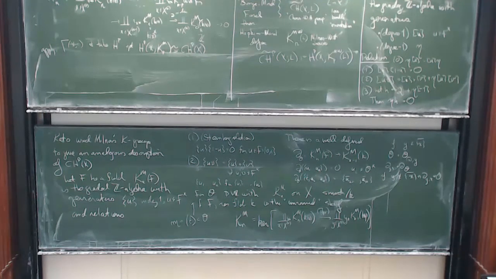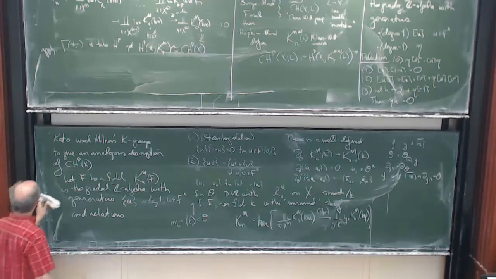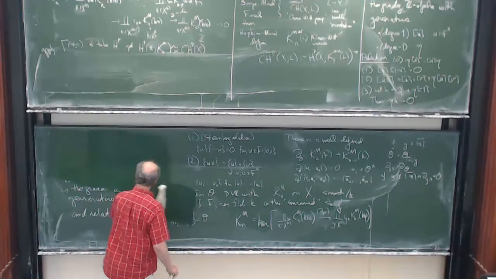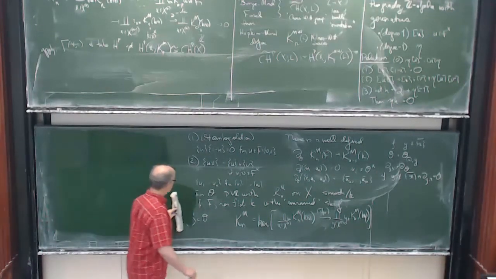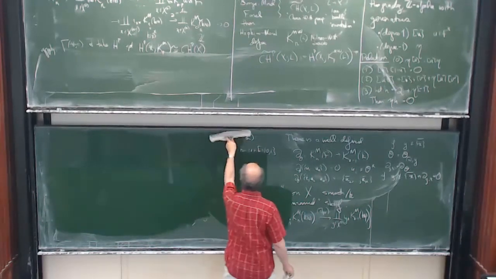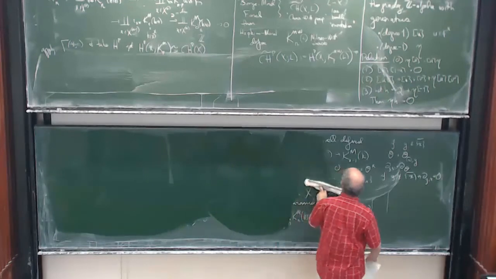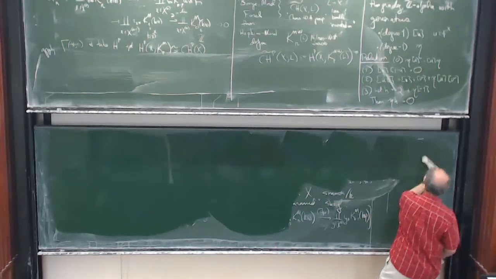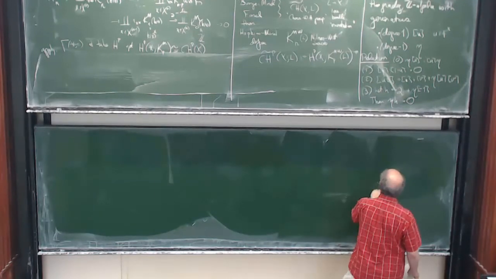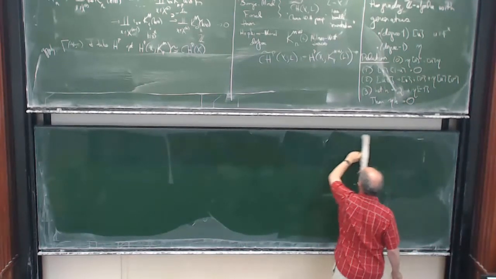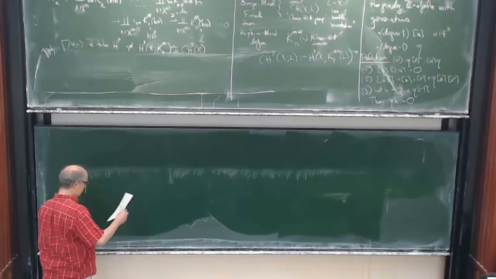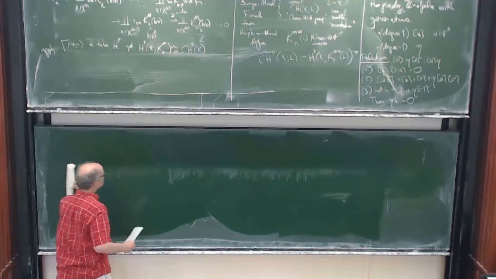You define some kind of symbol map that lowers the degree, and then make the unramified sheaf with respect to that symbol map. Yeah, I guess that's what I want to say.